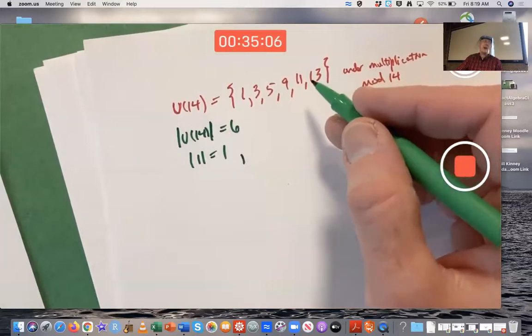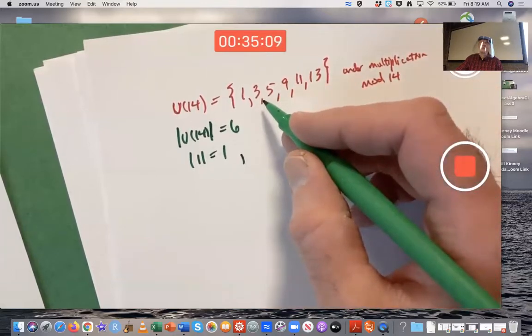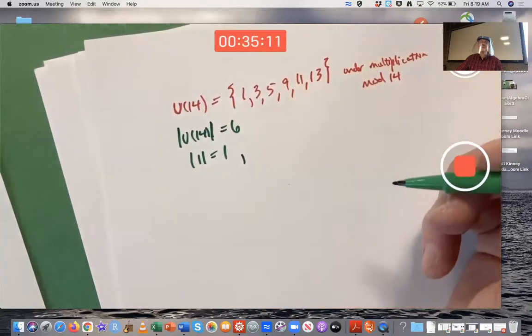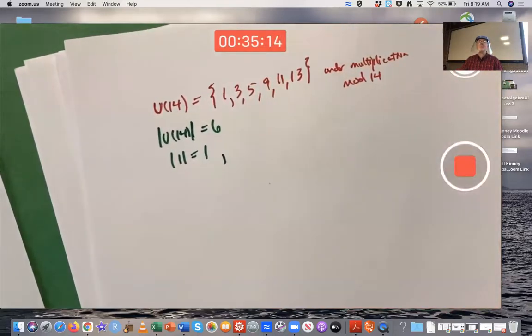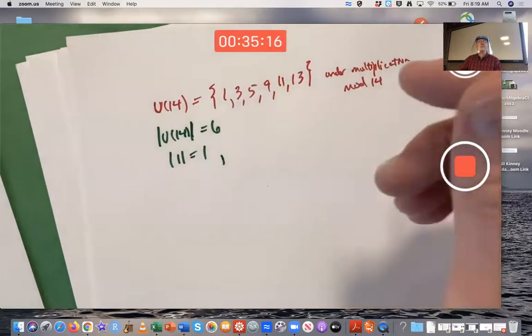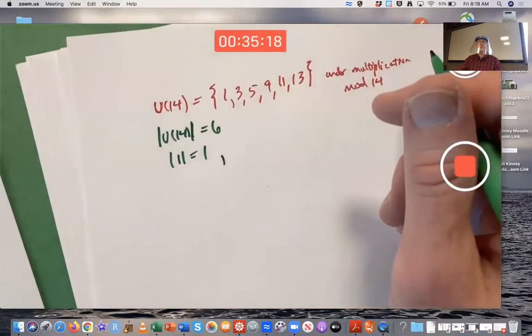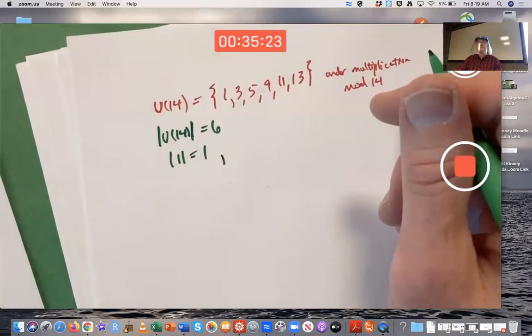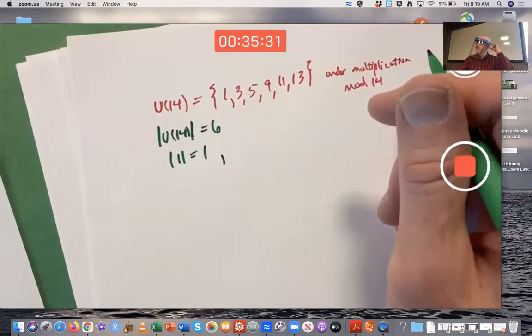And the only one where it could possibly work is with 3, because we also learned on Wednesday that the order of an element or a subgroup, we saw, no, we didn't prove it, but we saw from examples, it has to divide the order of the group.